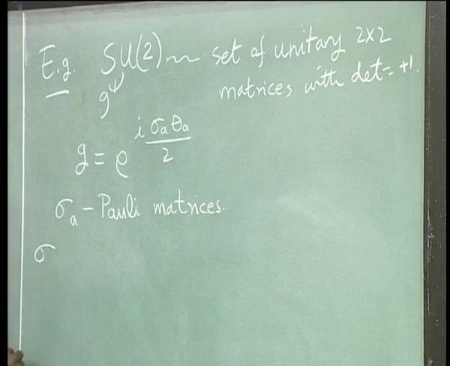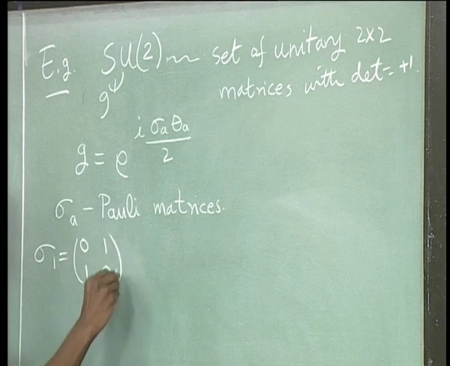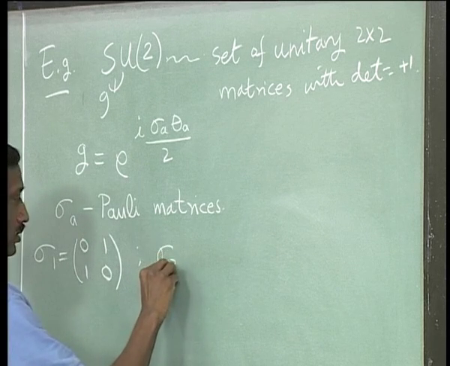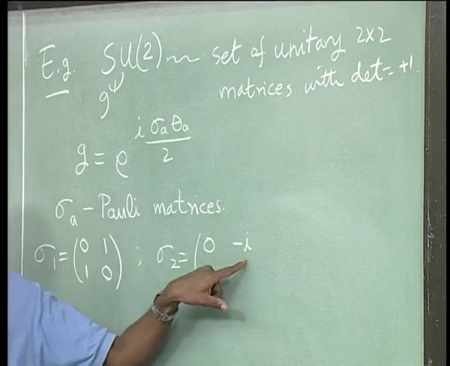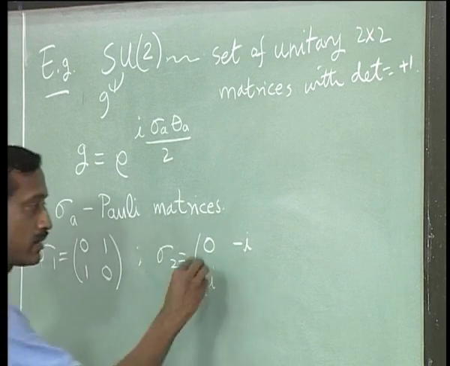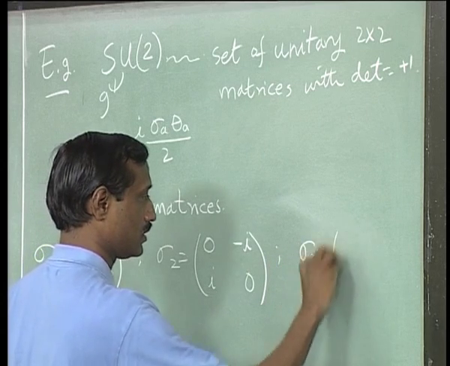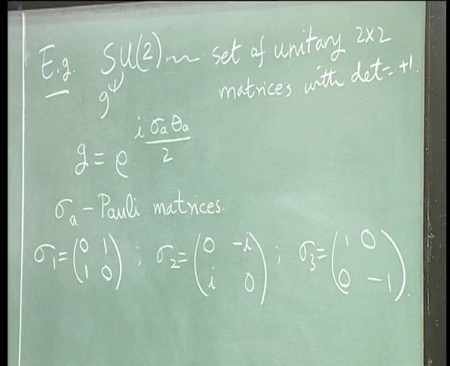okay. And just for completeness, let me write out all of them. This is a minus here, this is correct. I always make a mistake with respect to this. Okay.